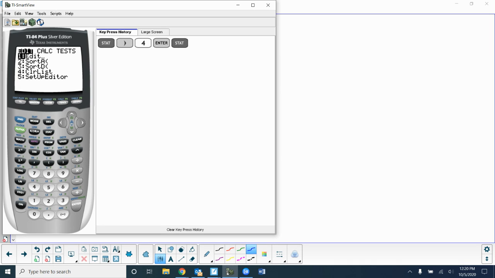Stat, move over to calc, and hit enter. Oops, I did the wrong thing. Hit 4, sorry. Stat, calc, and 4. So this is going to be an error because I didn't take the 1 bar stat down, so I'm just going to clear that.